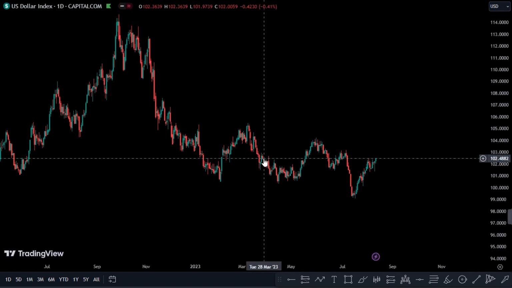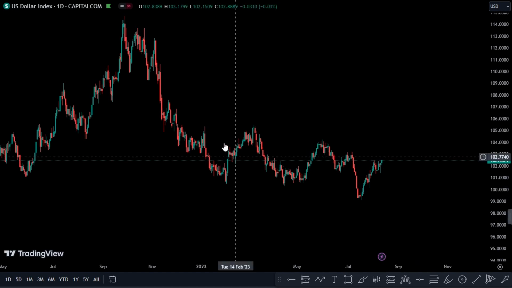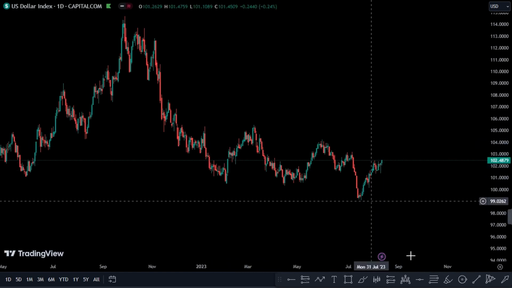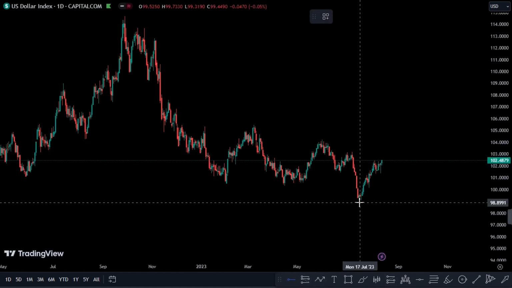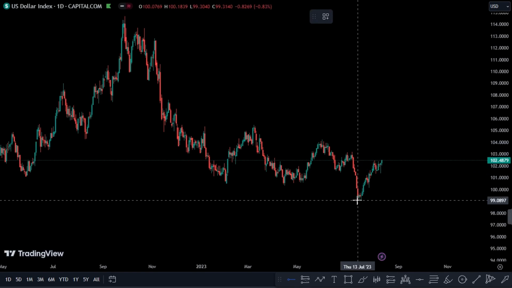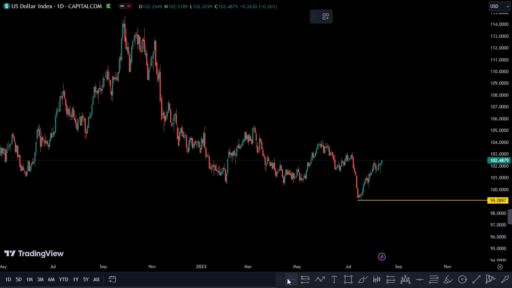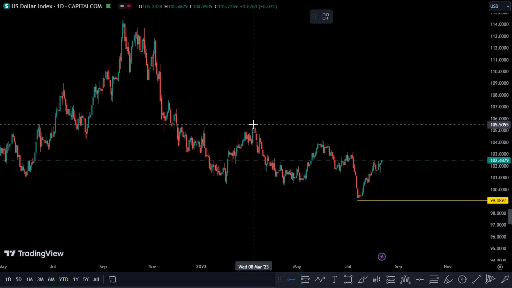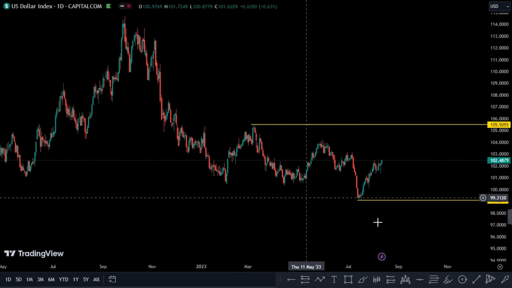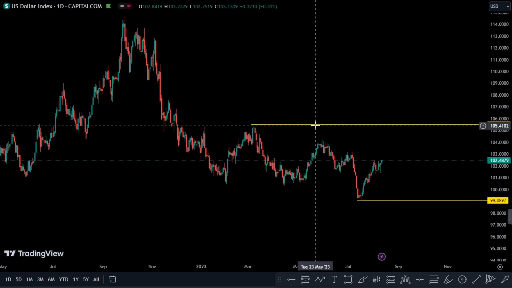We have a structure like this that's been in a consolidation phase, so we just want to focus on the current price action. We have this structure as our current swing low, and I'll take this one as our current swing high, and then we just want to focus in between.